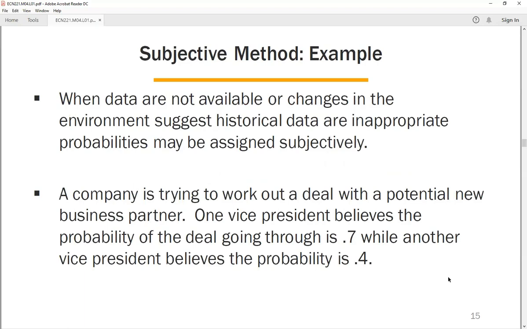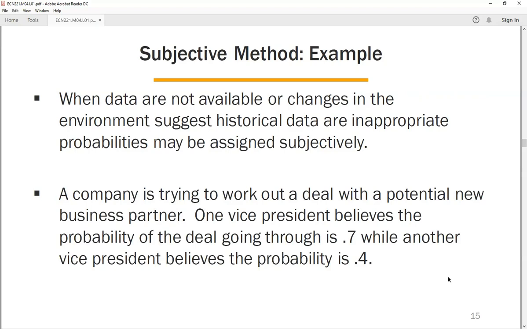The last method that we mentioned is the subjective method. Let's consider a scenario where we don't have data to look at. We don't have past history with this, so we can't use those. We have to come up with some other method, and that is the subjective method. An example where this might happen is a company trying to work out a deal with a new business partner where they haven't done business before.